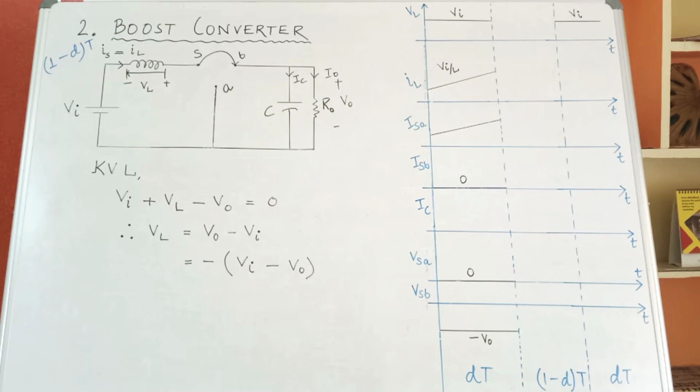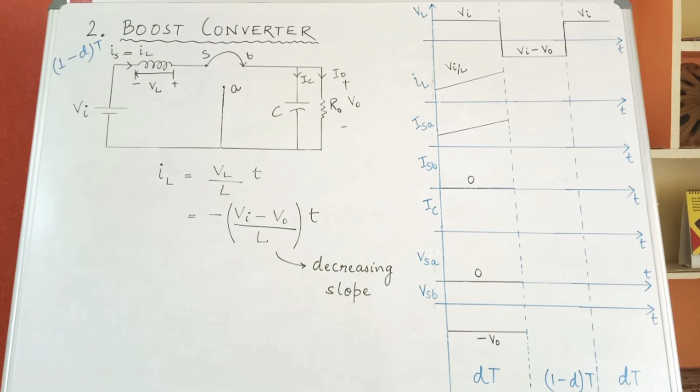Again, since the inductor polarity has changed, so the displayed value of the inductor voltage will be negative. So taking minus common, we will get minus of Vi minus V naught. Therefore, I have plotted VL during this period as Vi minus V naught in the negative direction as shown in the figure.